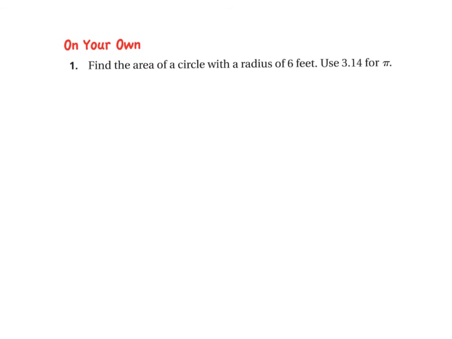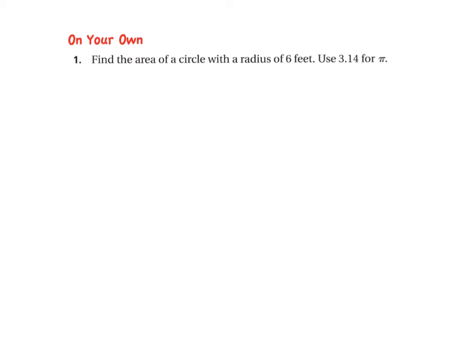All right, so they want us to find the area of a circle with the radius of 6 feet. So let me draw a little circle here. A bigger circle. Okay, and they said the radius, so that's half of it, is 6 feet. And then use pi, or 3.14 for pi.